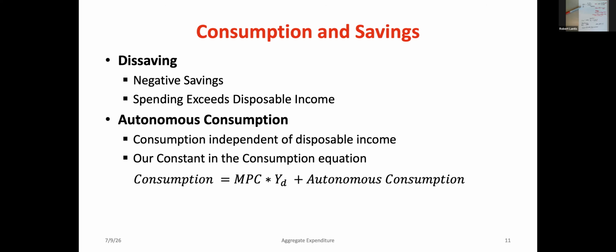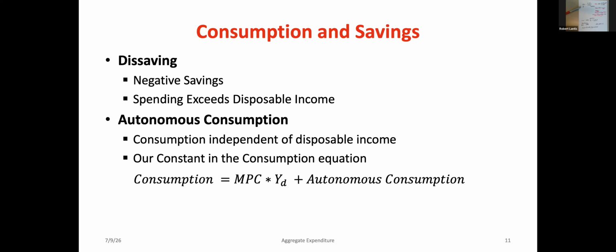We're not consuming all of our income, so we would have positive savings. And then autonomous consumption, which I already described, is what you would need to survive. Even if I had zero disposable income, this is the amount of money I'd have to spend, the products I'd be consuming, to have my basic needs met.